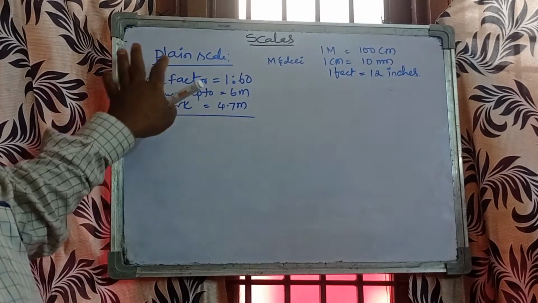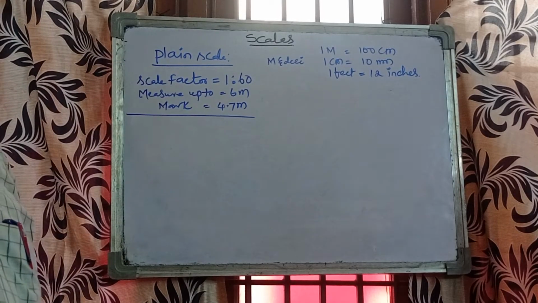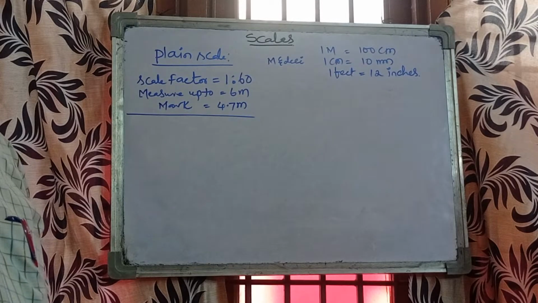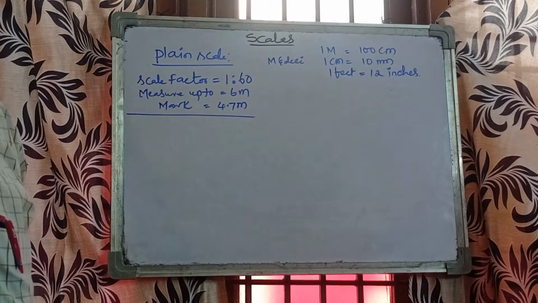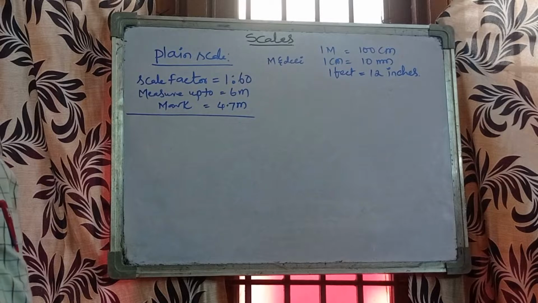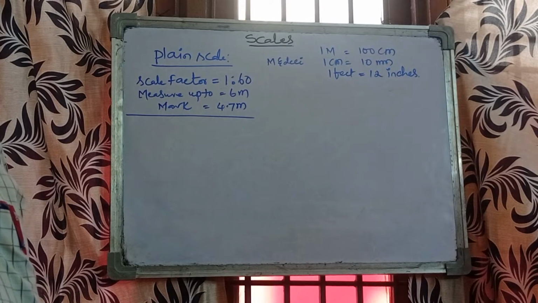First we will go for the plane scale. The question is: construct a scale of 1:60 to show meters and decimeters and long enough to measure up to 6 meters. Mark on it a distance of 4.7 meters.